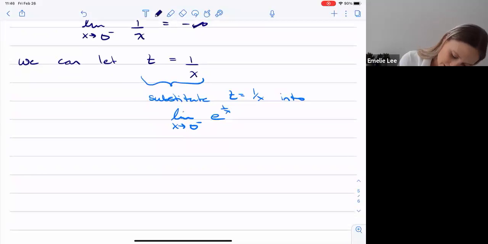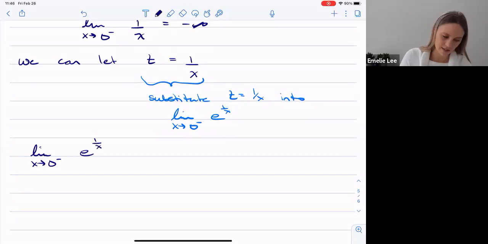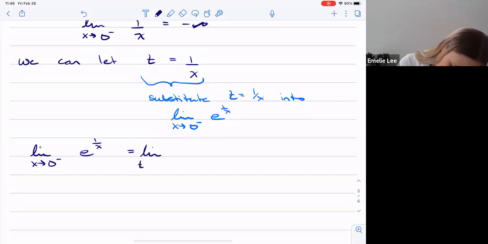So what we do is I'll start from the top here. The limit as x goes to 0 from the left of e to the 1 over x, I can rewrite as the limit as t goes to negative infinity of e to the t.